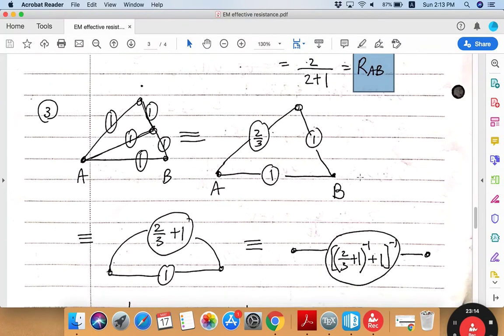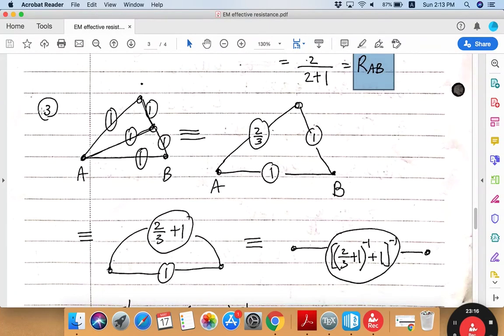Okay, now let's put another triangle. So the bare version has all these legs carrying the equal resistance: 1 over here, 1 over there, 1 here, 1 here, 1 here.